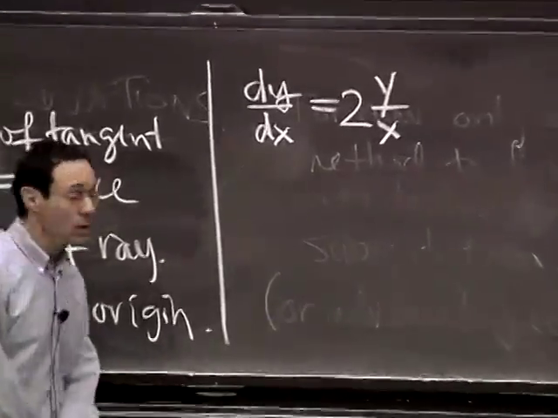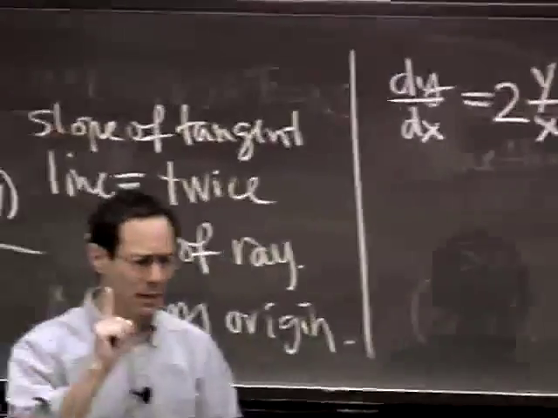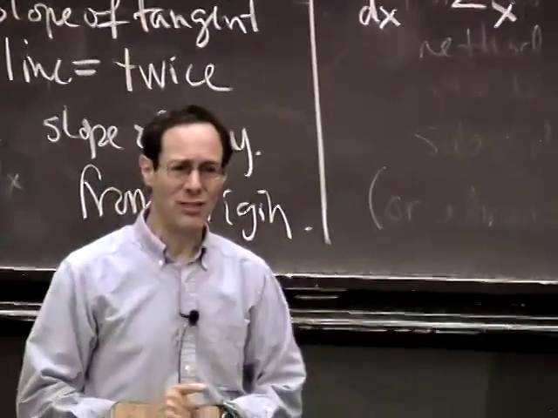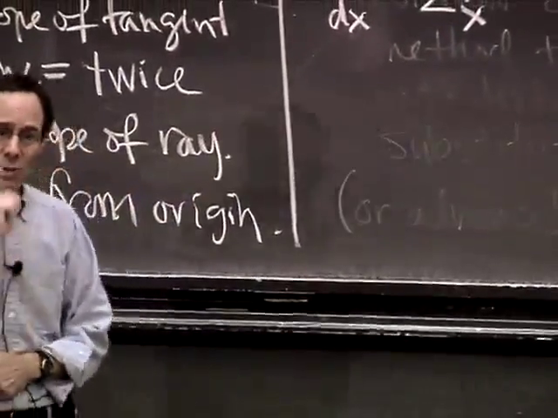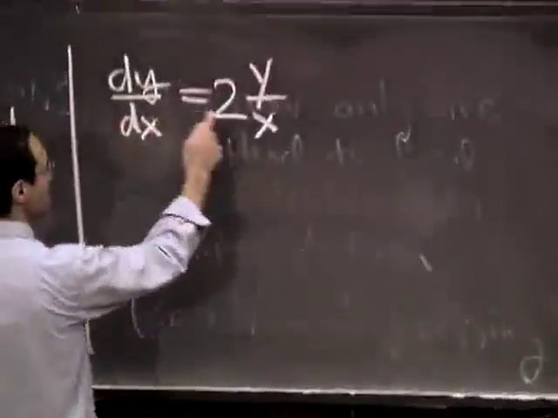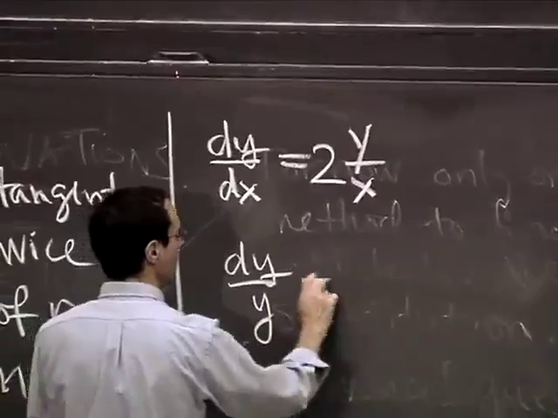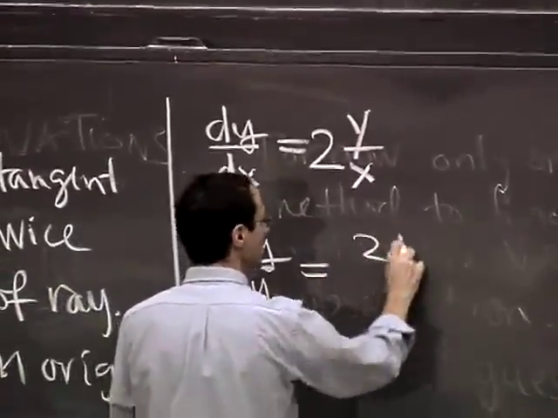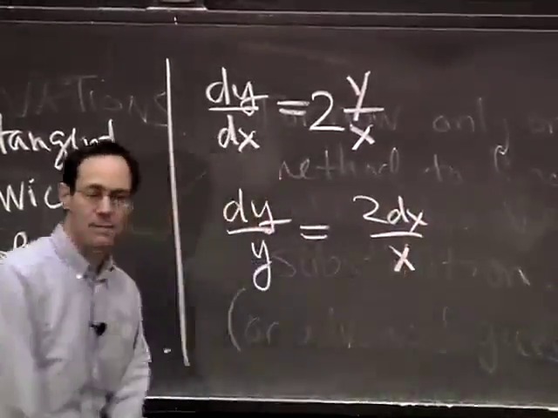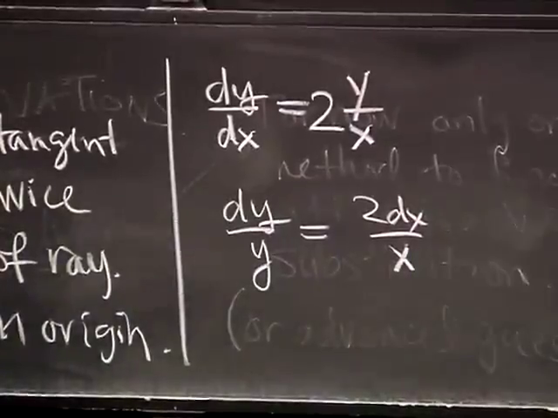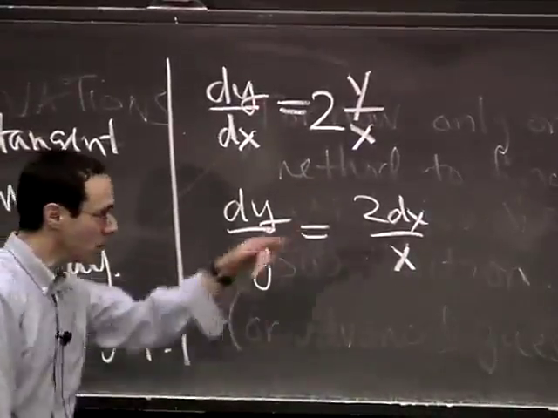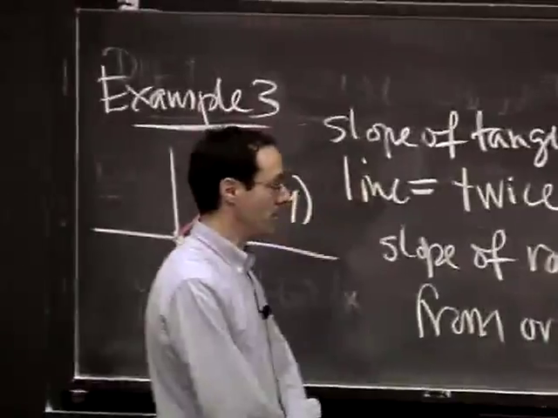Okay, now, we only have one method for solving these equations. So let's use it. It says to separate variables. So I write dy divided by y here is equal to 2 dx divided by x. That's the basic separation. That's the procedure that we're always going to use.